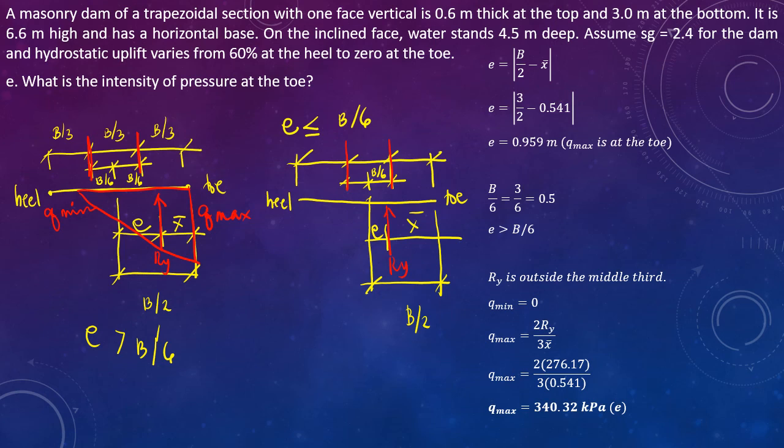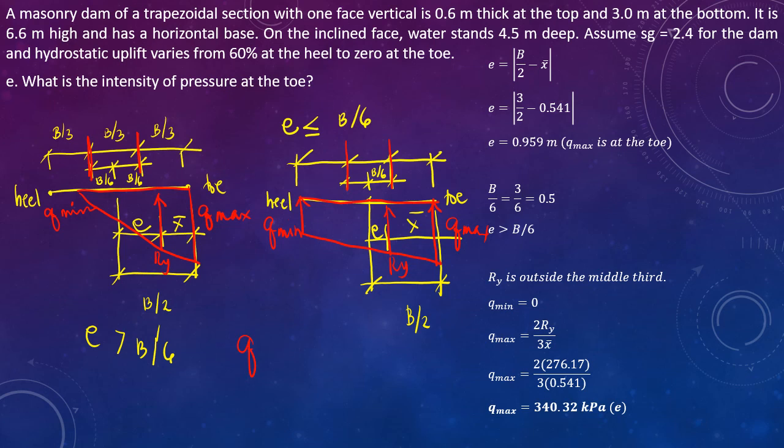So if we try to illustrate now, we will have a trapezoidal pressure diagram, wherein this will be Q max and this will be Q min.